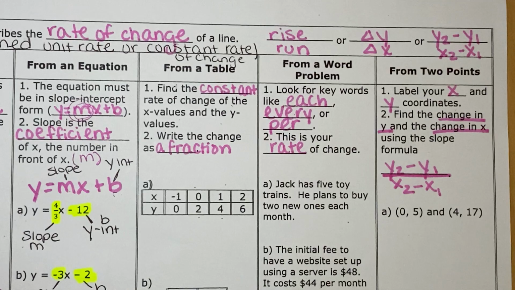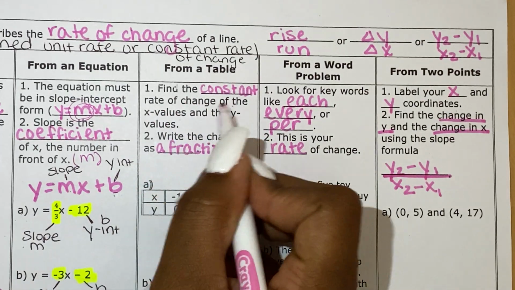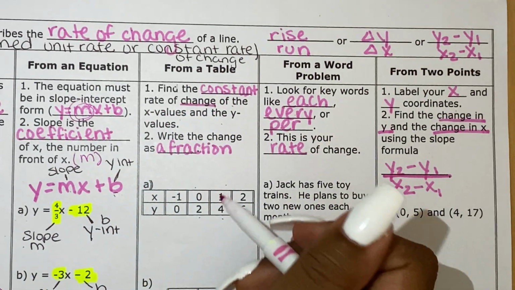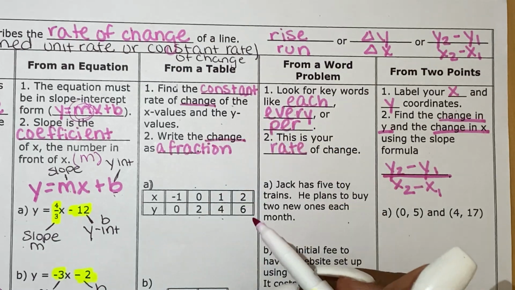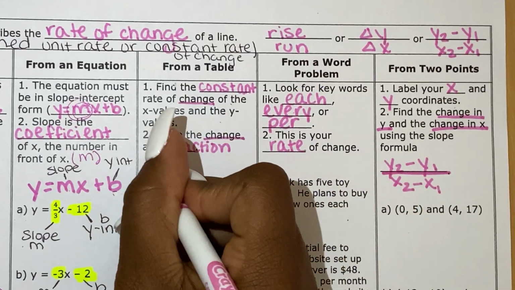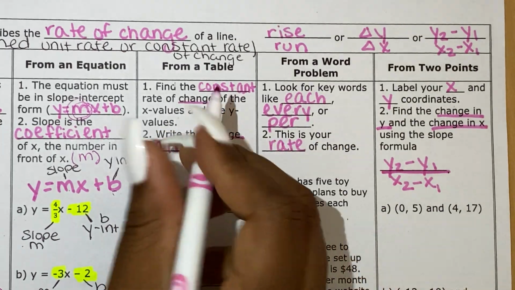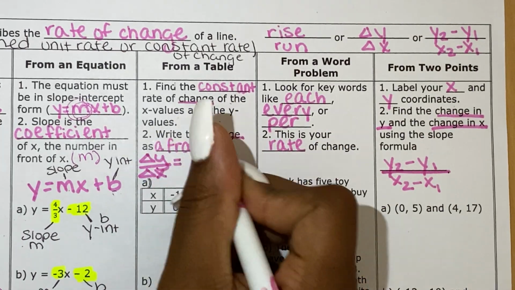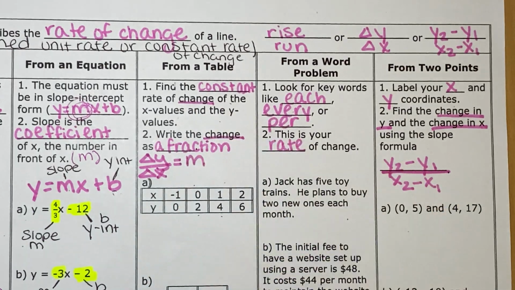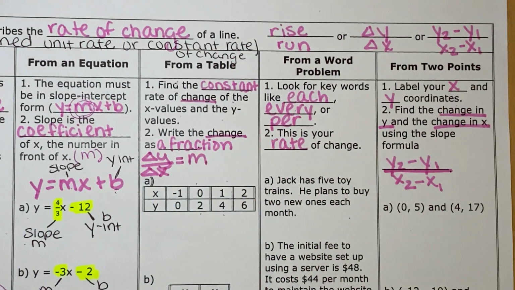Since I'm dealing with a table, I'm going to use the change in y over the change in x to solve these problems. Whenever I find the change in y over the change in x, that is going to be my m, or my slope, whenever you're finding the slope from a table.